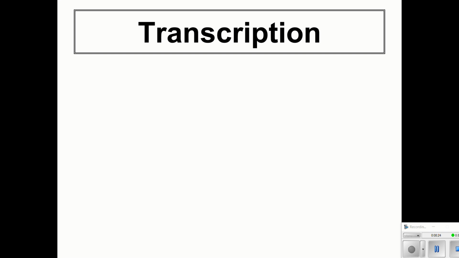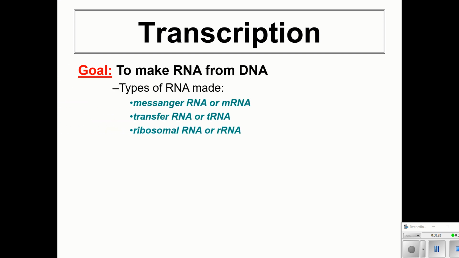All right, so to finish this up here then, we got transcription. Transcription is the process of making RNA from DNA. All 3 of these different types of RNA molecules can be made from transcription, and the process is the same regardless of what type of RNA you're making.